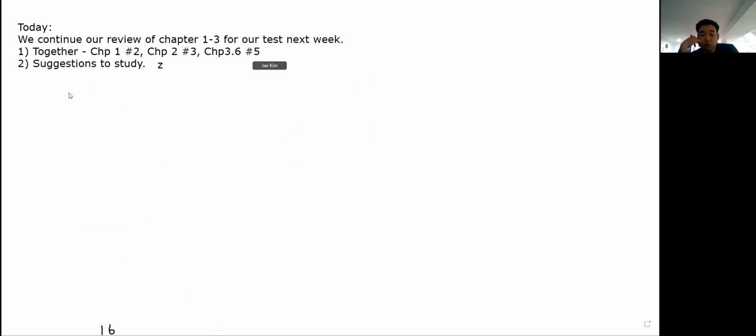Chapter 1, number 2 is, given a parabola or given a function, give me the equation and do some other stuff, and it talks about domain and range, which I think covers a large chunk of the concepts in chapter 1. And then chapter 2, number 3 is about inverse and transformations, so that will cover a large chunk of chapter 2. So I think it's worthwhile to look at questions like that.